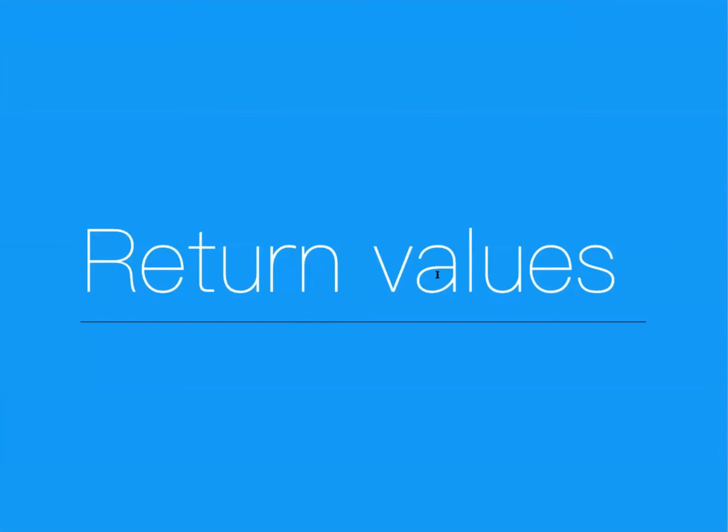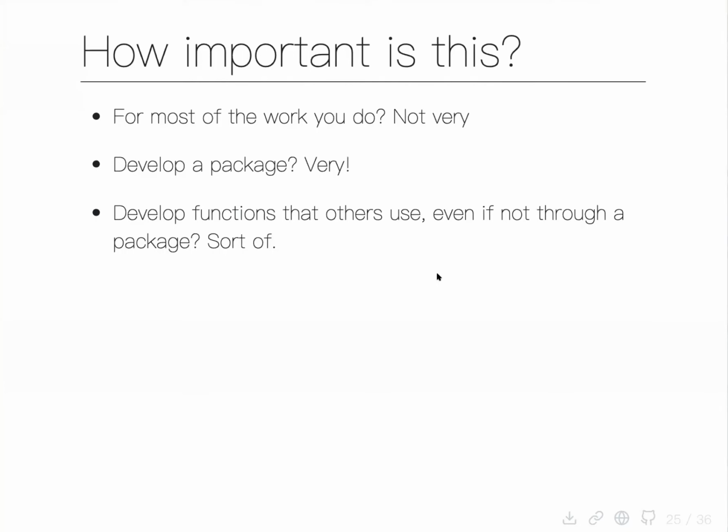Okay. All right. The last topic for today is return values. I also realized we never actually talked about messages here, but the tidyverse in particular is very message heavy, right? So when you say library tidyverse, you get that big message that says what packages are loaded and the versions of all of them.